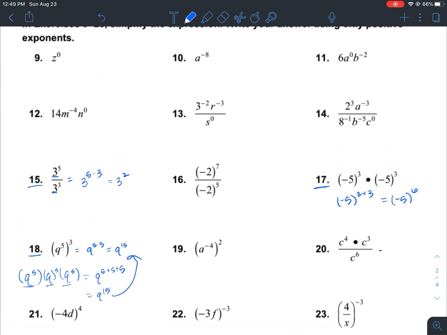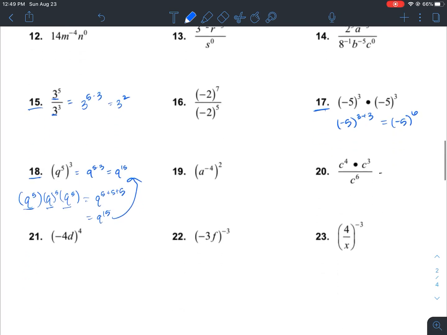Now let's see if we can find one down here. Number 21. We have two factors, negative 4 and d. So you find the power of each factor and multiply them together: negative 4 to the 4 multiplied by d raised to the 4.